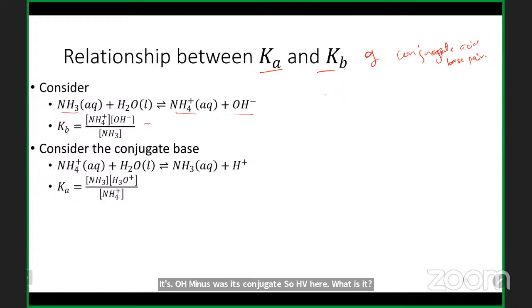So we have the Kb, it's a base, and this is its conjugate acid. If we now consider the conjugate acid, NH4 plus with water, we should get NH3 plus H3O plus.